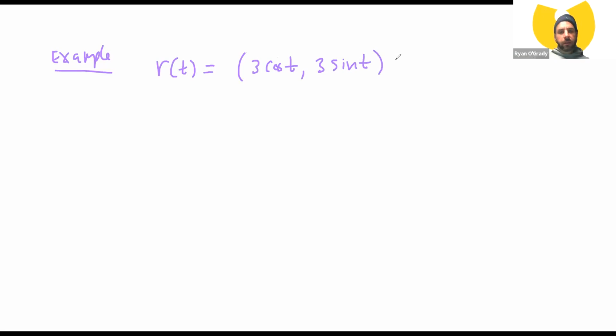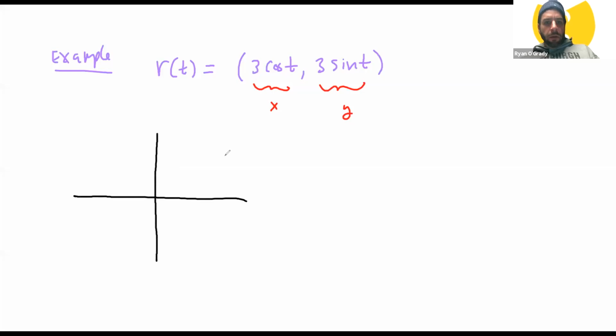Now, what is this thing? Well, if you think about these in terms of x's and y's, and you make the connection with things you would have learned long ago, but perhaps have forgotten, this creature traces out a circle of radius 3, centered at the origin.